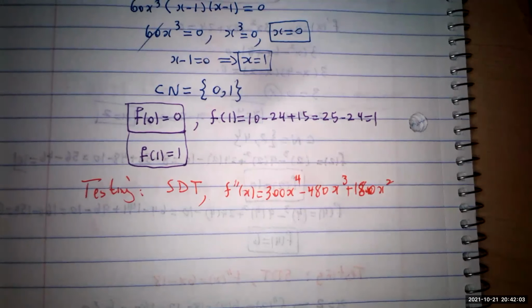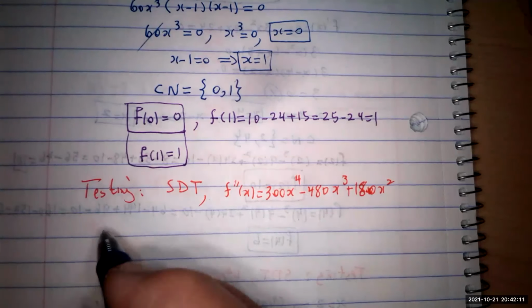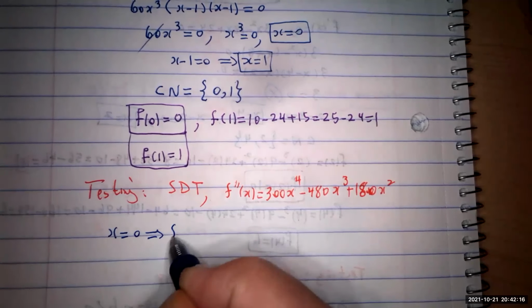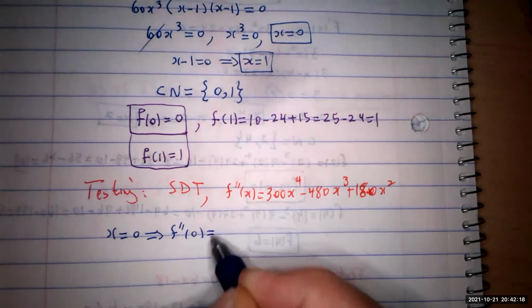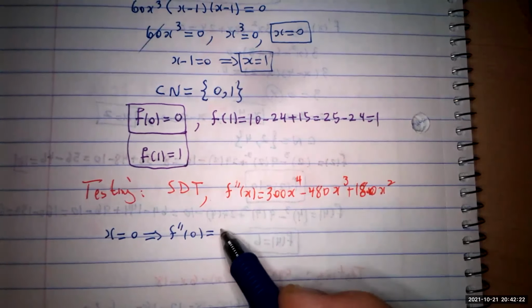Okay. Now we test the numbers in it to see if it's going to be a maximum or a minimum. If we put the 0, what are we going to get? You see x equal to 0 gives you f double prime of 0. But all of them have x, so f double prime of 0 would be 0.